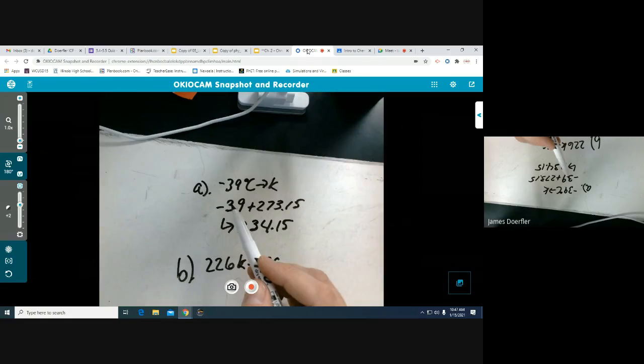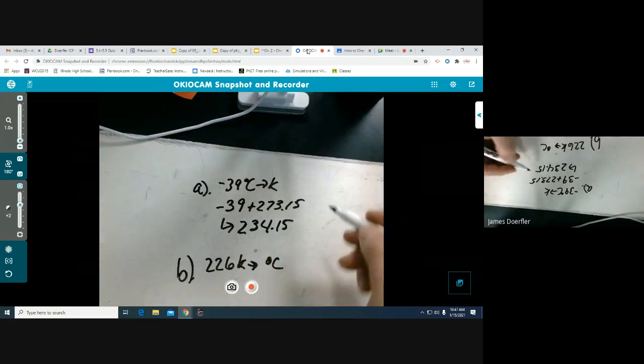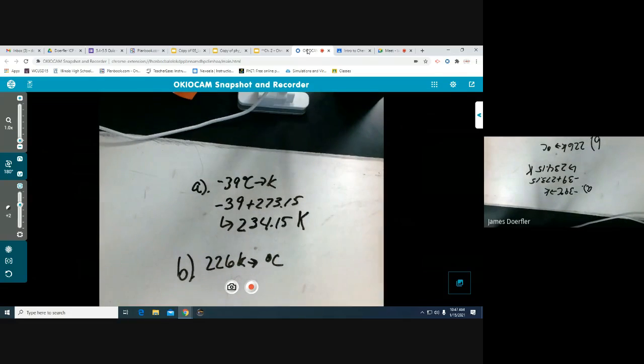You'll probably get a different number. Negative, then okay, and then plus 273.15. All right, very good. So also, before we finalize this answer, it gets a unit capital K.